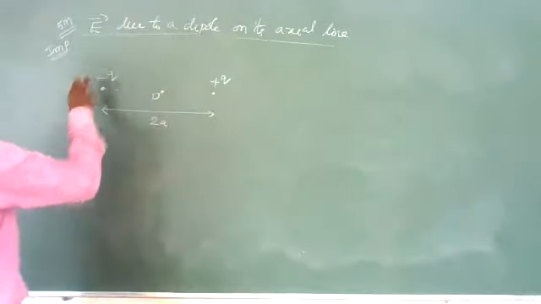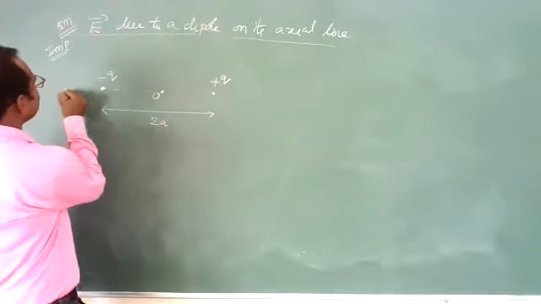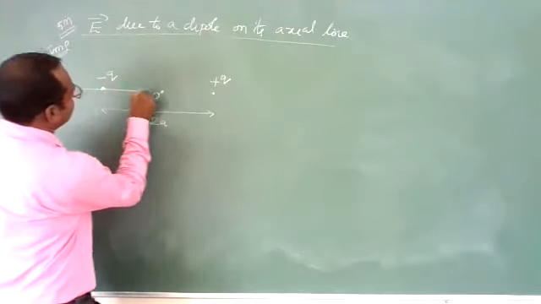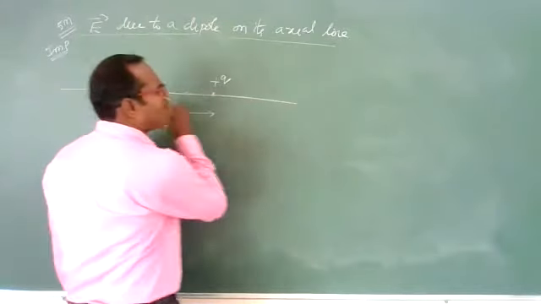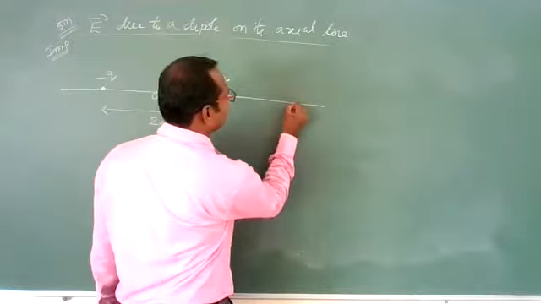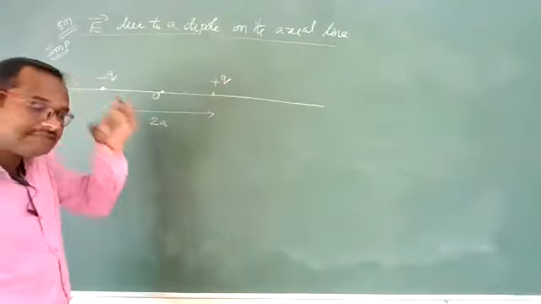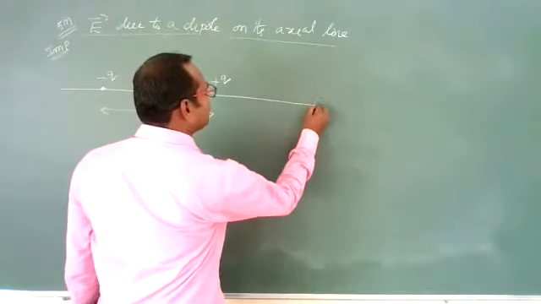Okay. Now, let us draw one axial line for this dipole. Yes, this is the axial line. Now, on this axial line, let us consider one point.